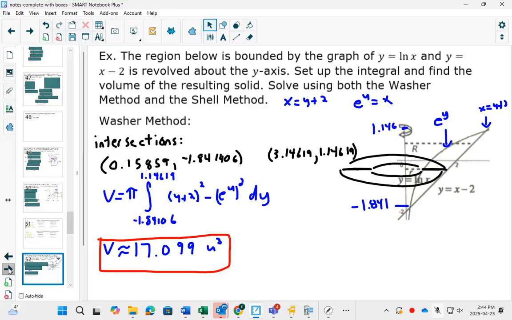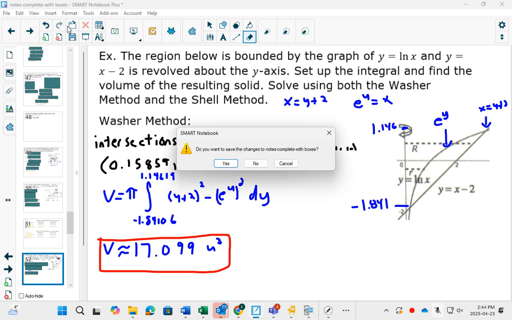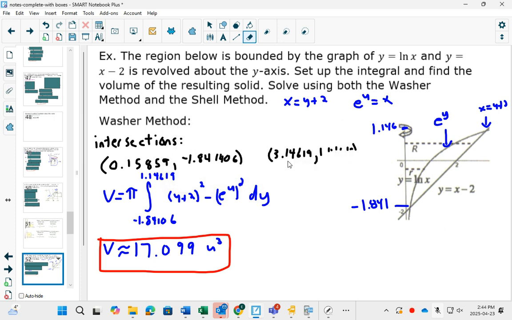This same question could be done. Oh, I didn't mean to erase all of them. Okay. I'm not hitting the undo button in the right order. We'll just imagine you can't see that number anymore.